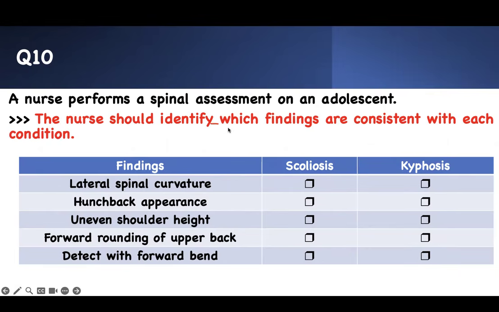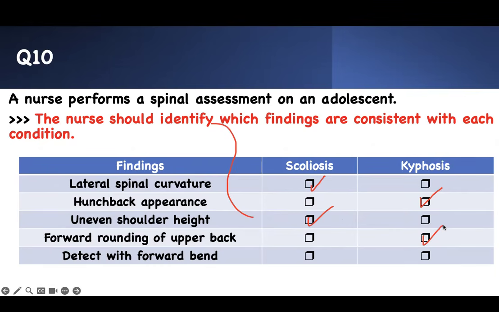When you look at them, they are like that. That's scoliosis. Which one is going to have a hunchback? Consistent with kyphosis. Which one is going to have uneven shoulder height? Scoliosis due to the curvature. And when you look forward on the upper back, what is going on is kyphosis.